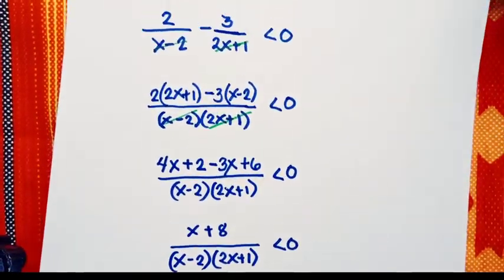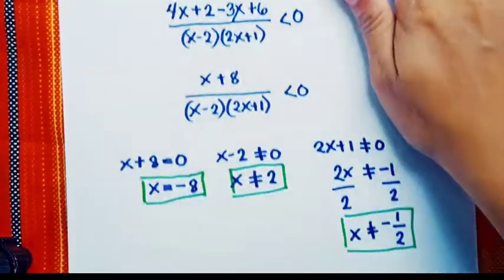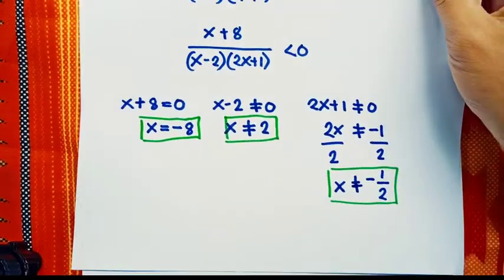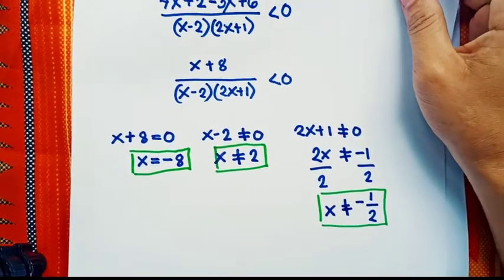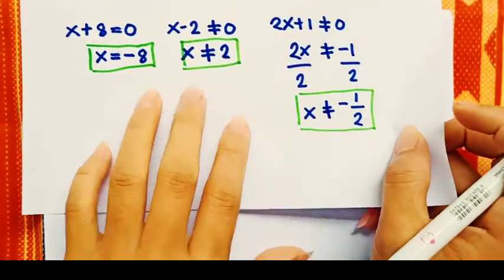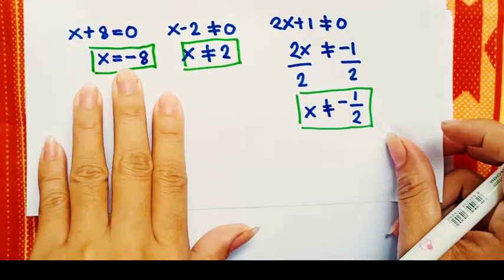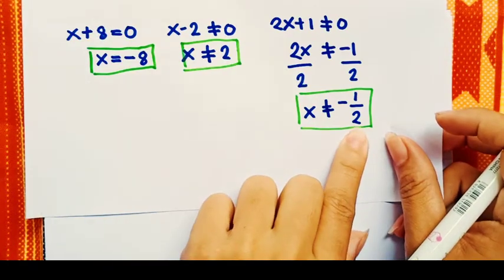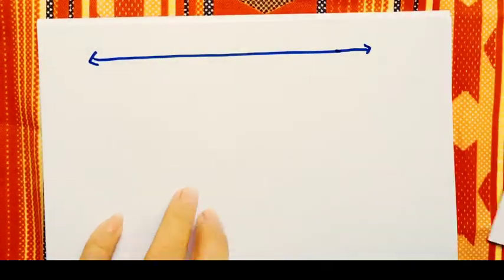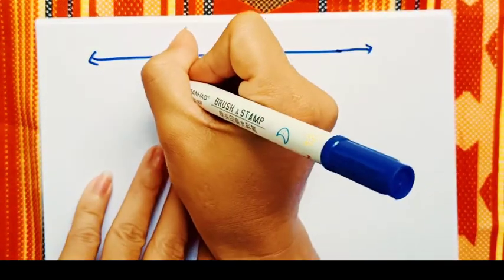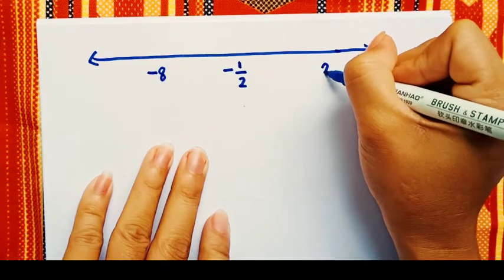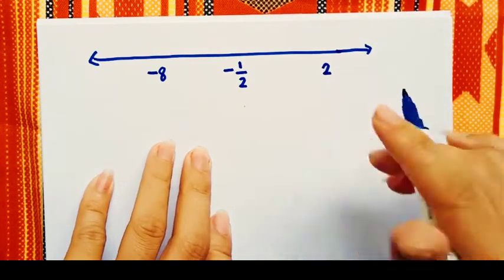Okay, next buhaton nato, karing critical points na atong nakita, i-plot na siya, i-graph sa number line. Una ko si negative 8 kay mao man ang pinakagamay. Nasa tunga nila si negative 1/2. And then finally si 2. So, we have negative 8, negative 1/2, and 2.